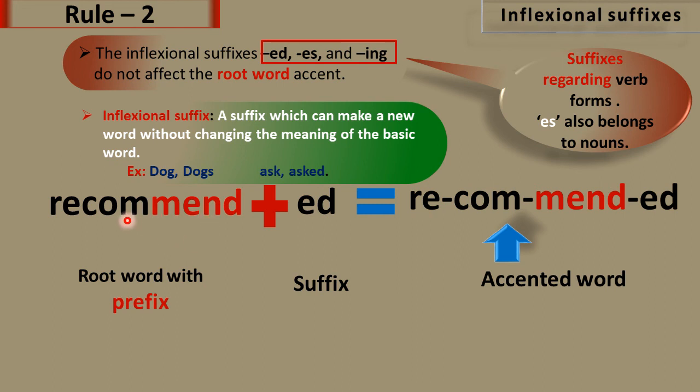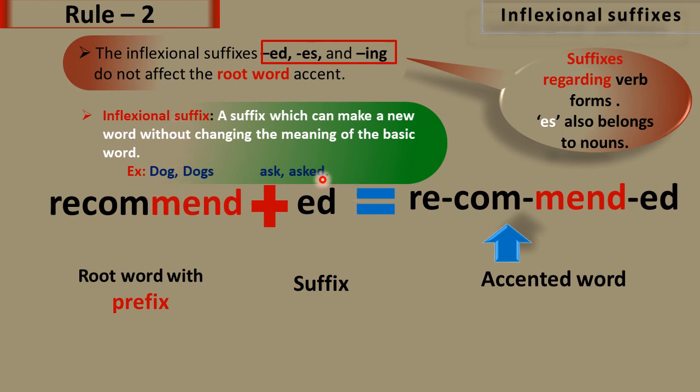Let us try to understand this word. Here recommend is a root word with prefix. What are the prefixes in this root word? The prefixes are re and com. Coming to ed, it is a suffix, and here ed is an inflectional suffix.